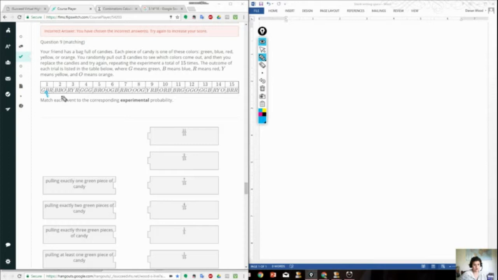So event 1 had 1 green, event 6 only had 1 green, event 8 only had 1 green, event 11 only had 1 green, and that is as far as I could tell. So for the probability of having 1 green, it's going to equal 4, because there was 4 events that happened out of 15 total trials. So I'm looking for 4/15ths.